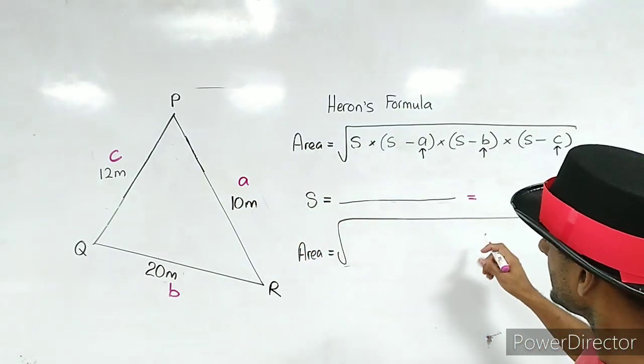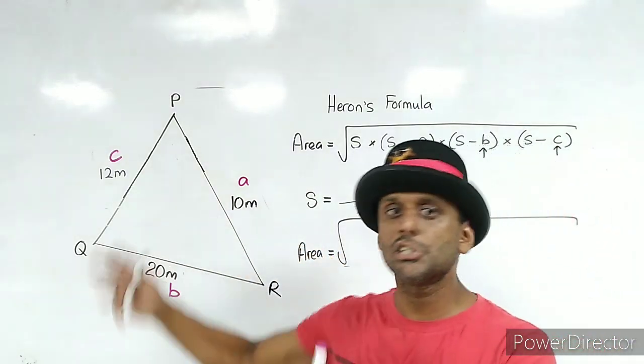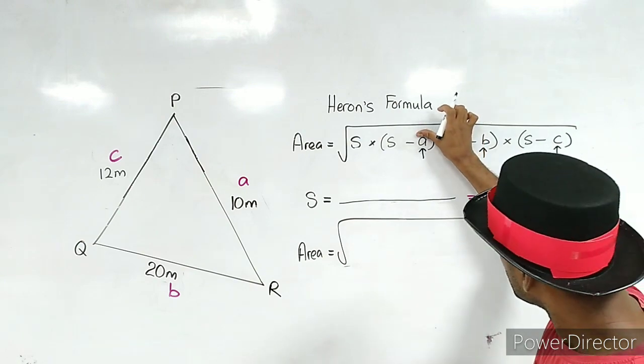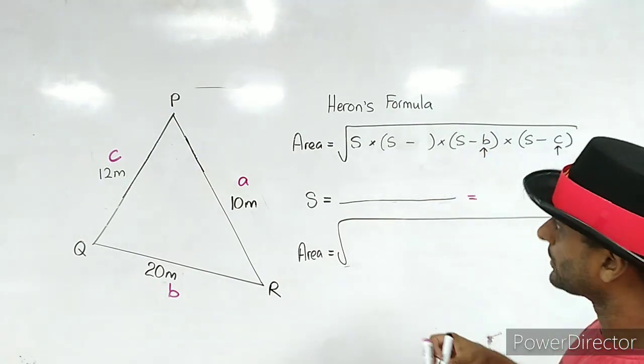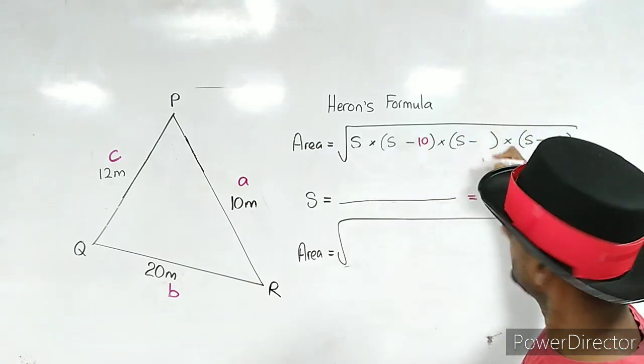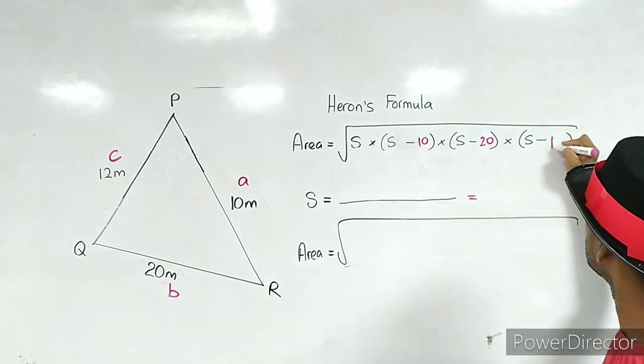So when you're using Heron's formula, it doesn't matter which one you call A, B, and C. So I'm going to erase A and put what we chose. A is 10, B is 20, and C is 12.